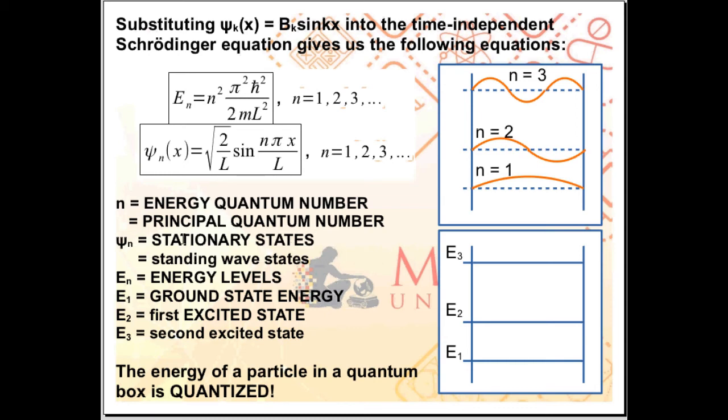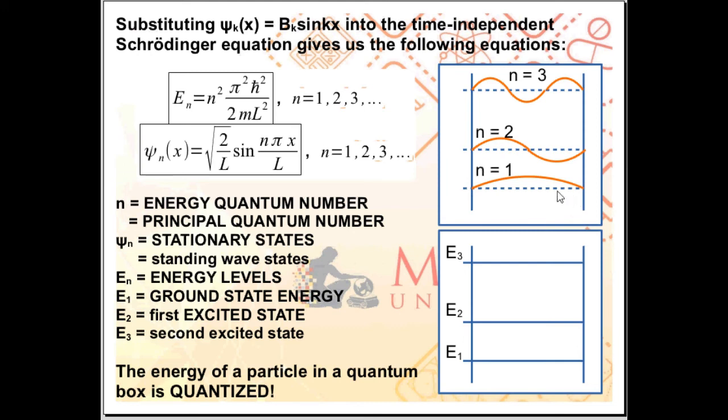The stationary states, psi n, sine of n pi x over L, are basically what is referred to as standing wave states. At n is equal to 1, you have psi 1, so basically just one segment and it's stationary at that.